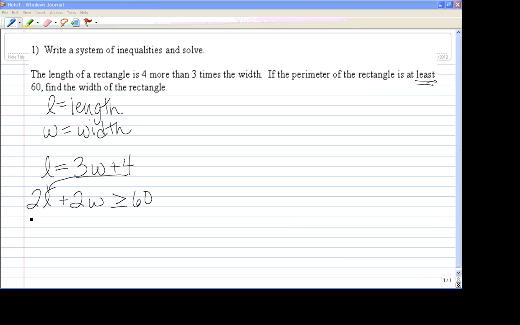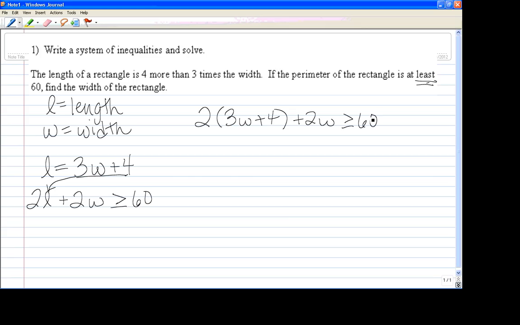So by substituting that in for L, we're going to get 2 times 3w plus 4, which was L, plus 2w, must be greater than or equal to 60.